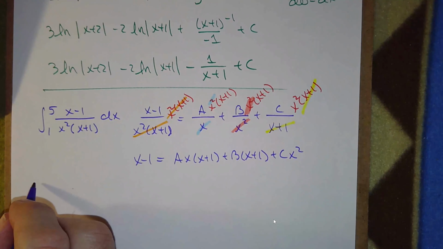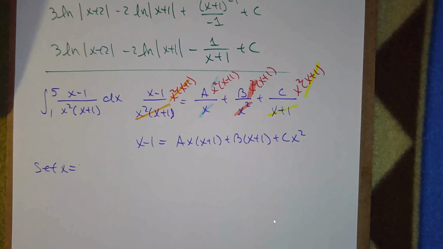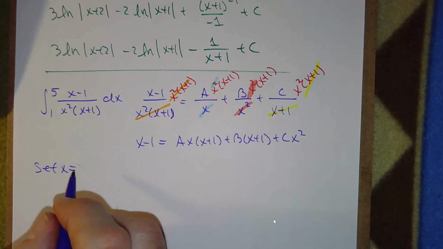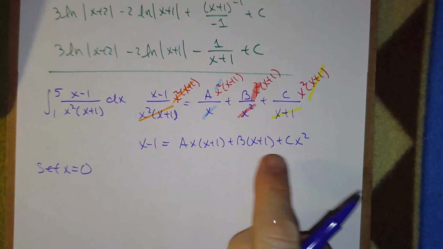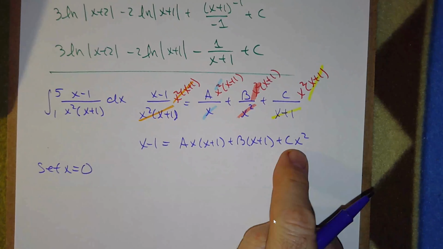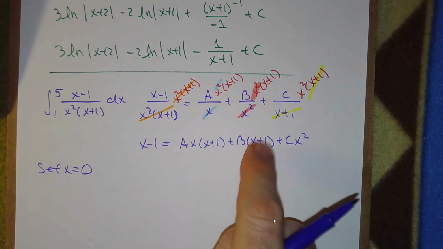Maybe you want to pause the video for a second, see if you can figure out what you'd set x equal to. At least the first two. All right. So my first one here would be x equals 0, because that'll get rid of this term and allow me to solve for b.